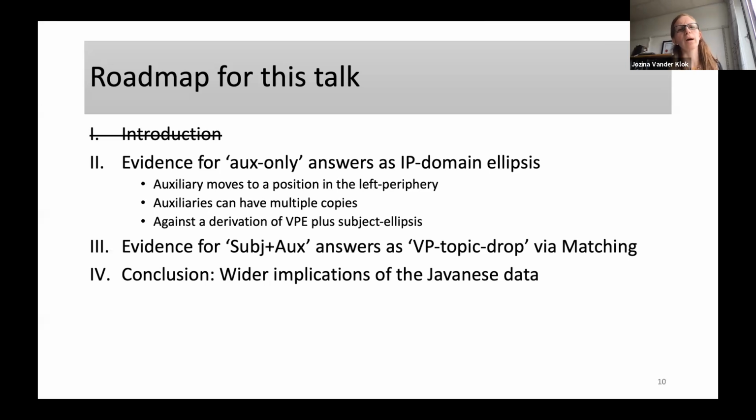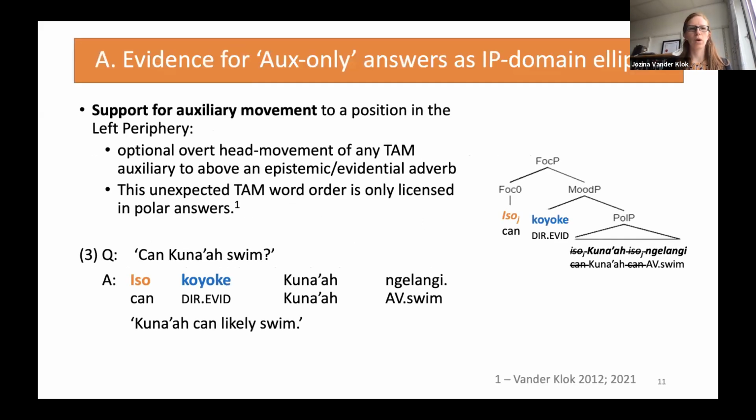The basic arguments that I'm going to put forward for auxiliary only answers as IP domain ellipsis are, first, evidence that the auxiliary is high, and then evidence against the analysis of VPE plus subject ellipsis.